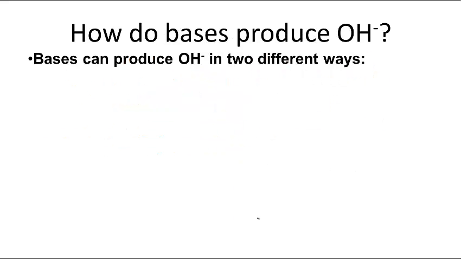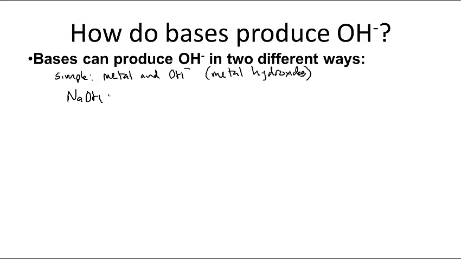All right, bases can produce OH minus in two different ways. The most simple way is with metal and OH minus bonded together. We call them metal hydroxides. So you have something like sodium hydroxide.